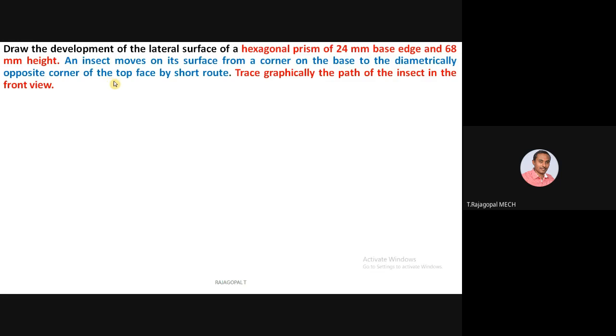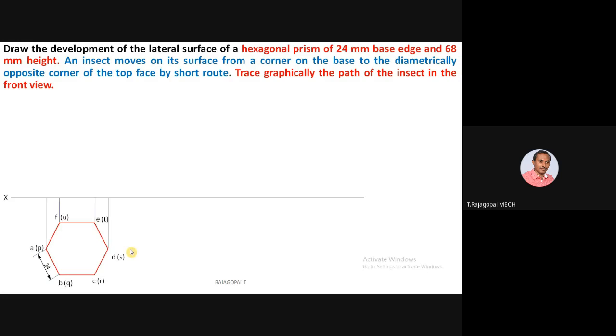Which means the corner is on HP. Then only we can satisfy this condition. So friends, if you have a corner here, I am having another corner. I will complete the front view also. Then only you can clearly understand why I have drawn this position of the hexagon like this.